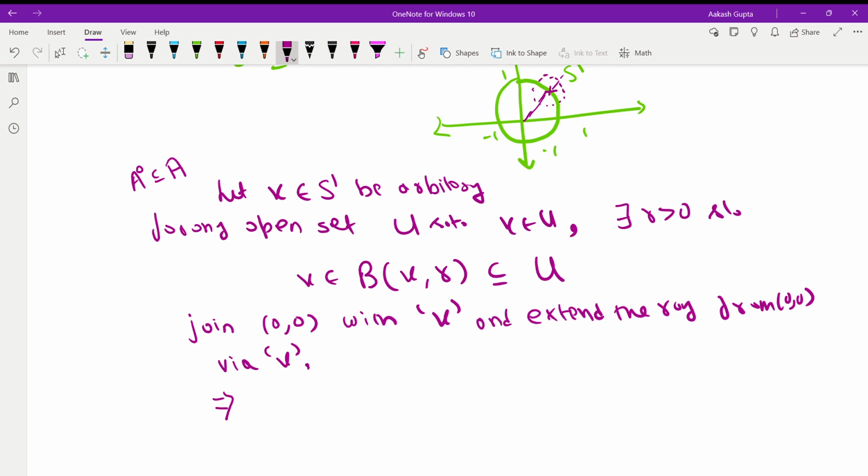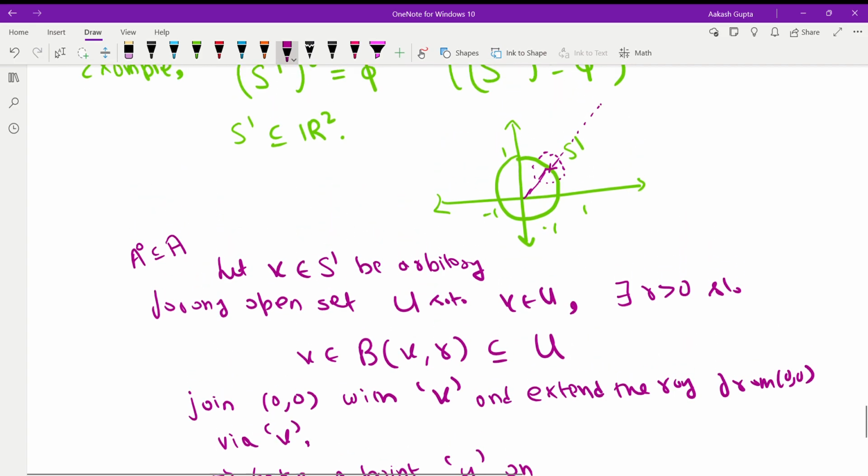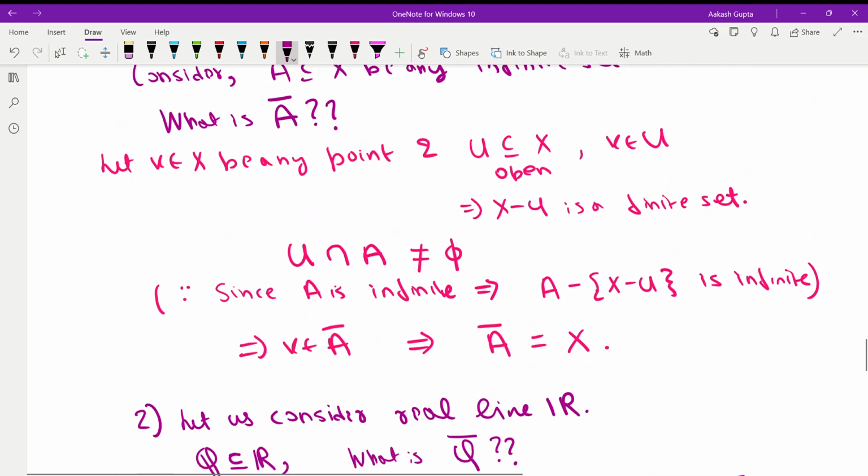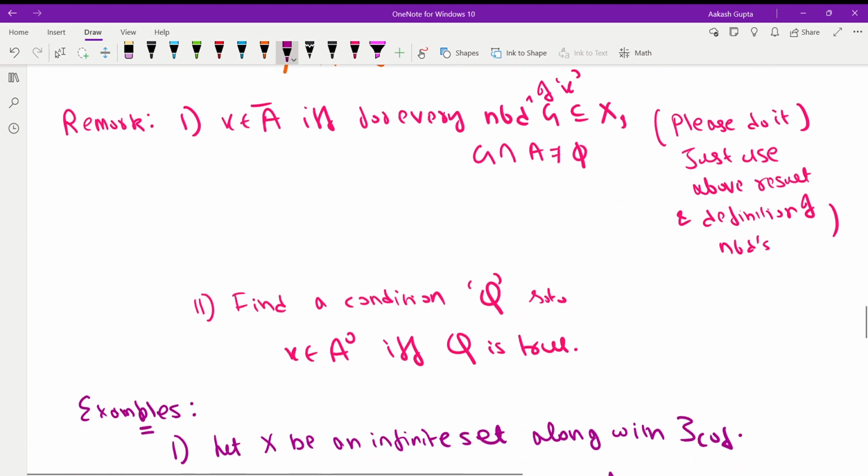So this implies, take a point y on the extended line. I have to tell you the logic, but I don't want to tell you the answer.